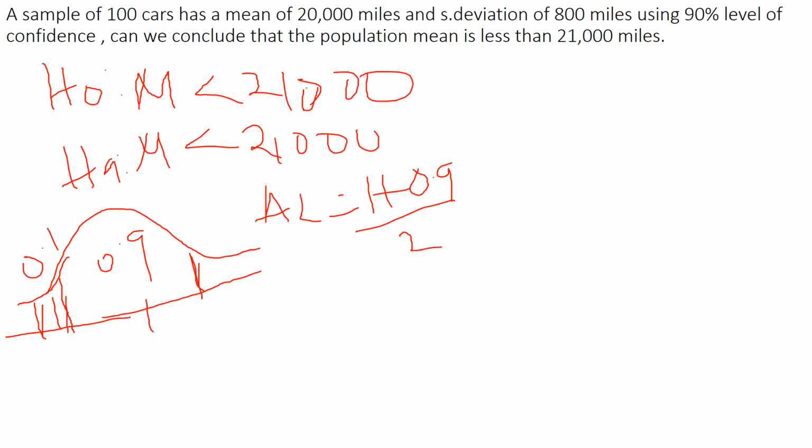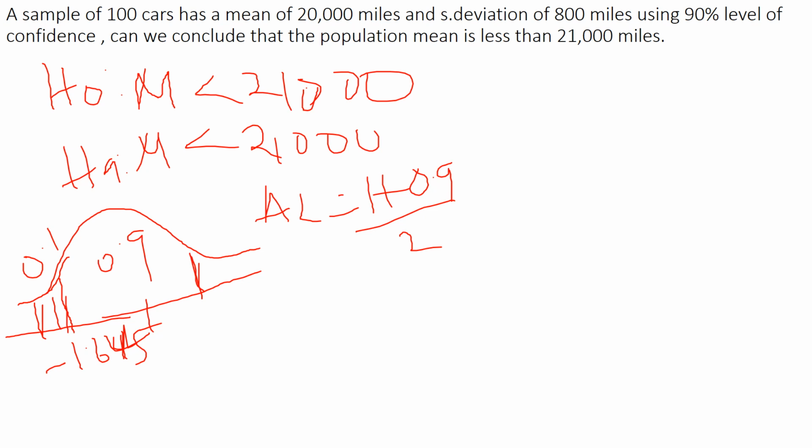For our case here, our critical region boundary is 1.645 on the positive side, so on the negative side it will be negative 1.645.